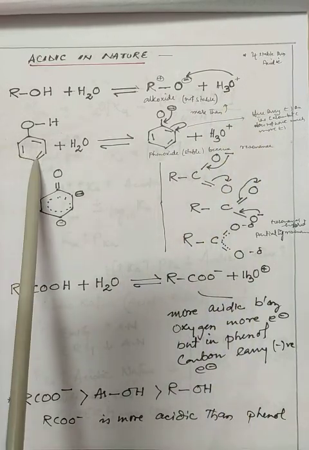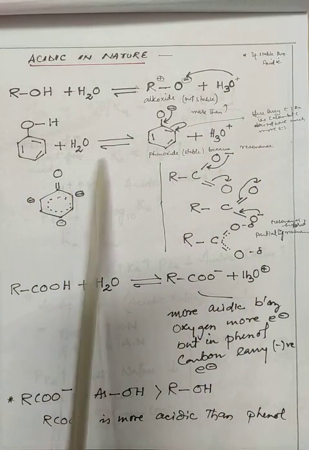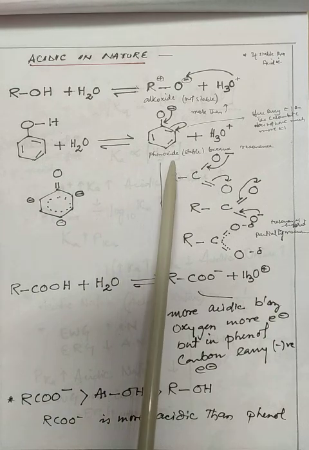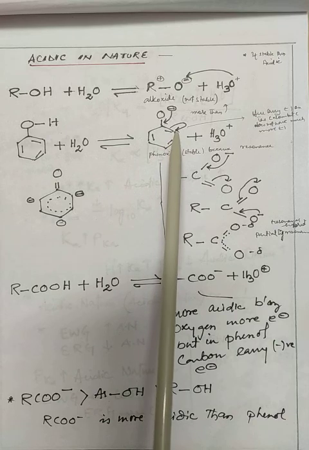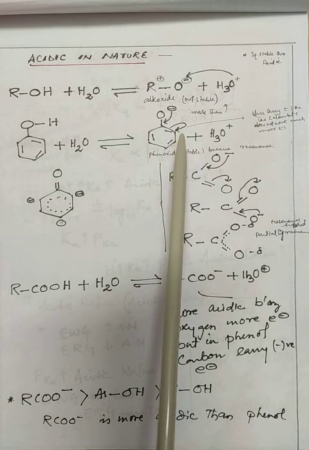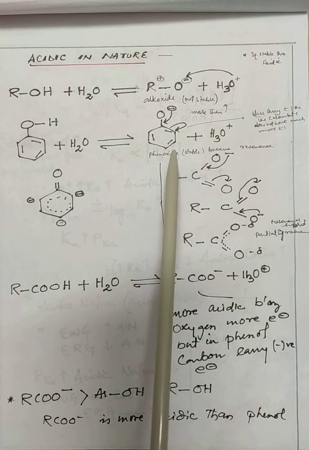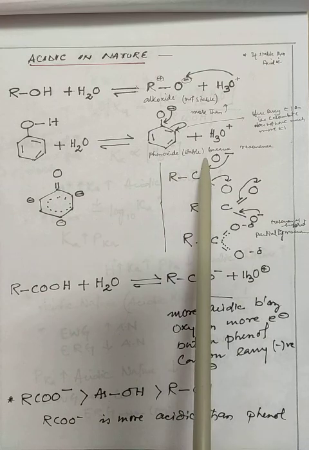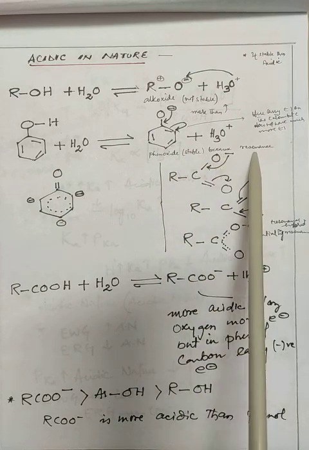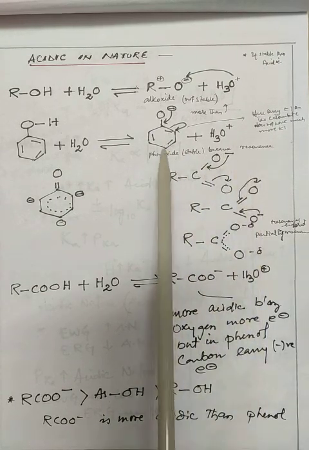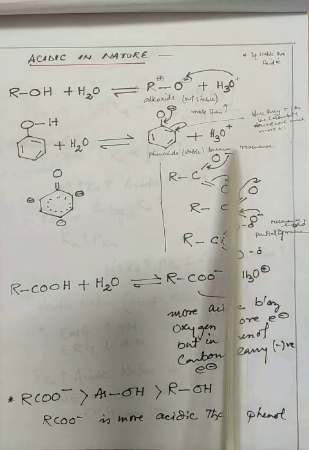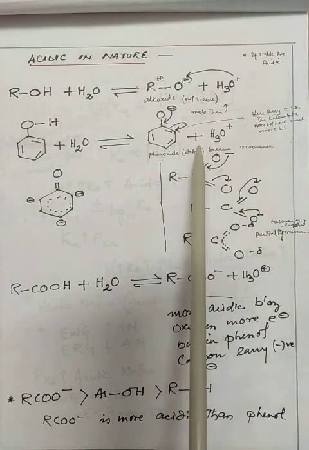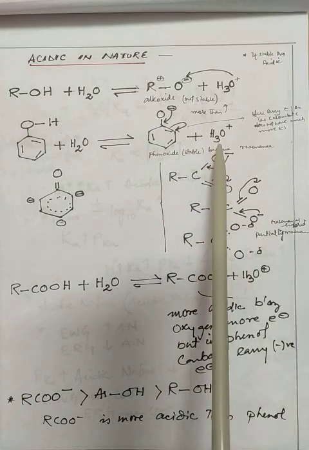Like that, phenol and water give a reversible reaction, and we get sodium phenoxide. In this phenoxide, the carbon carries a negative charge, and it will be stable because of resonance, because these structures have resonating structures, and these products form along with hydronium ion.